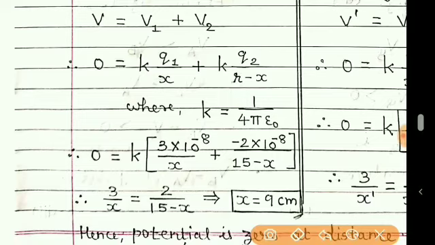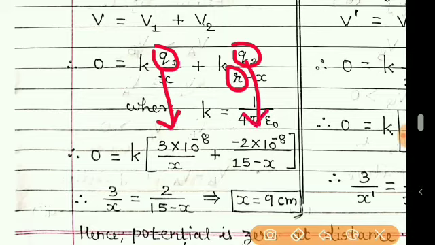Now the calculation part. Here the values of the charges Q1 and Q2 are given. Also the distance between the charges Q1 and Q2 is given. So now we will put these values: Q1 is equal to 3 into 10 raised to minus 8, Q2 is minus 2 into 10 raised to minus 8, and distance r is 15.